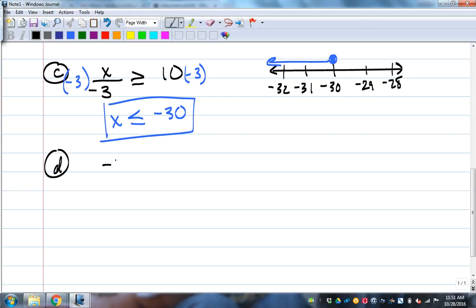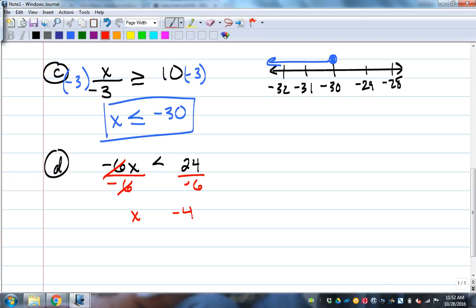So we had -6x is less than 24. What do I do to solve that one? Divide by what? By -6. That'd be -4 on that side.